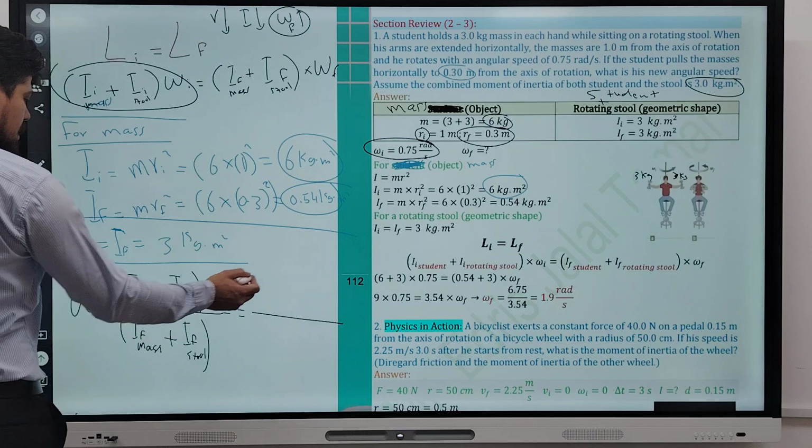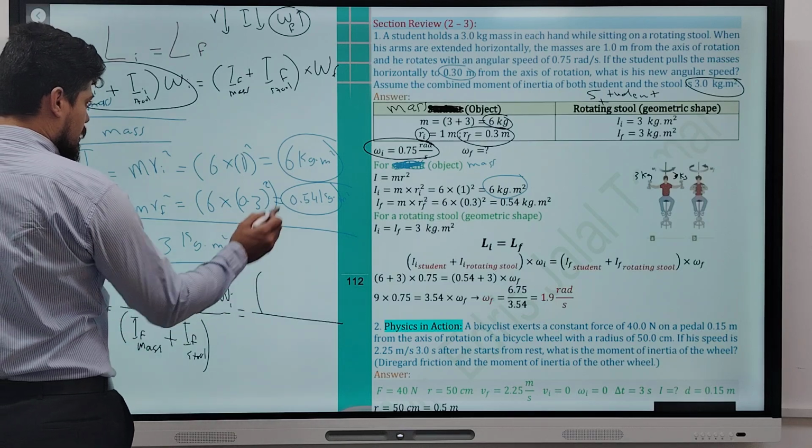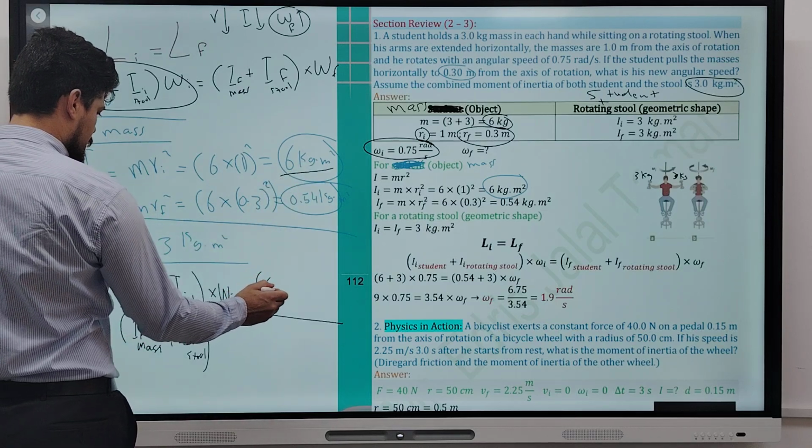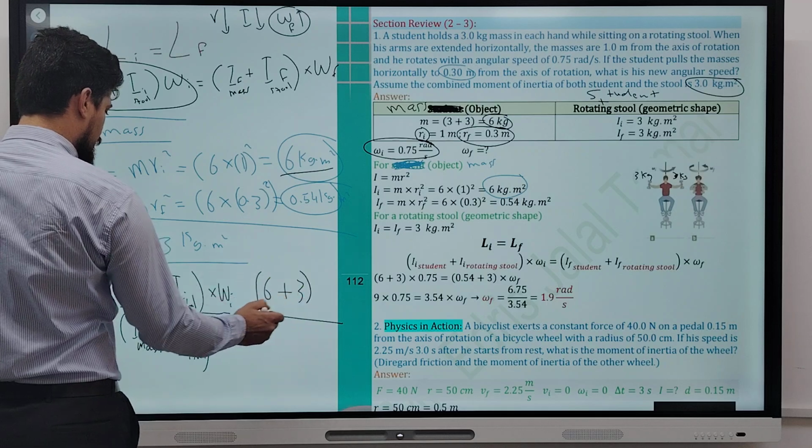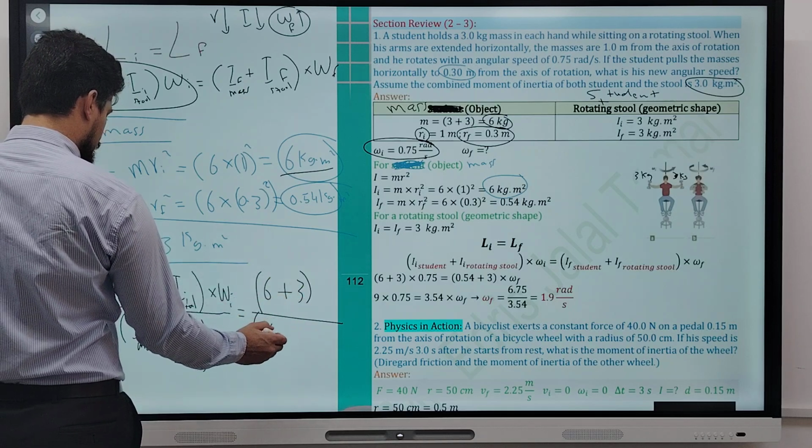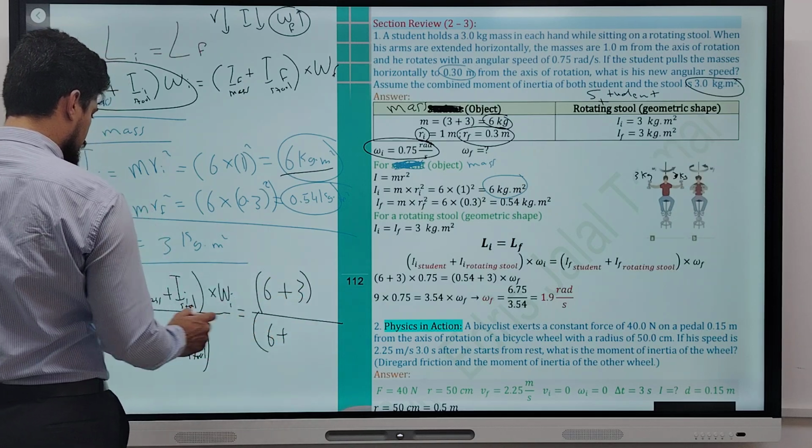Now replace I initial for the mass. We found 6 plus 3, and 6 plus, sorry, this is not 6.